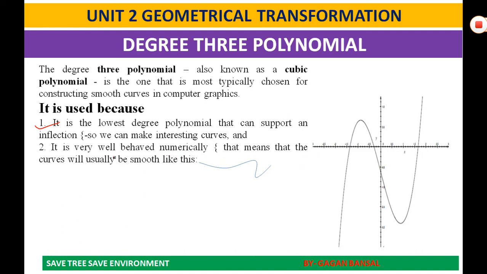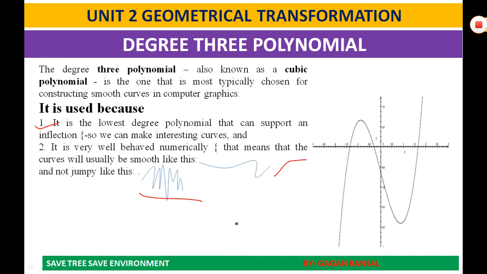That means the curve will actually be smooth as shown. The curve drawn will be a smooth curve. Cubic curves are smooth curves, not jumpy as happens with higher order polynomials.